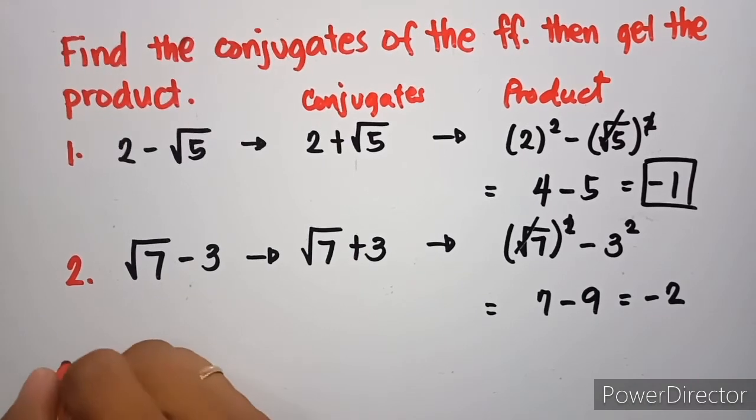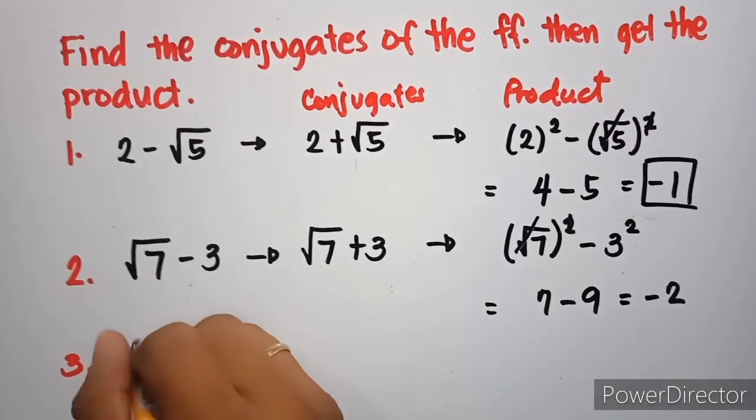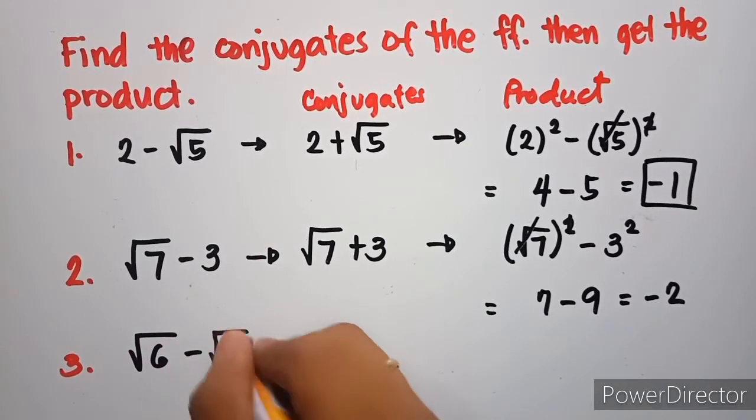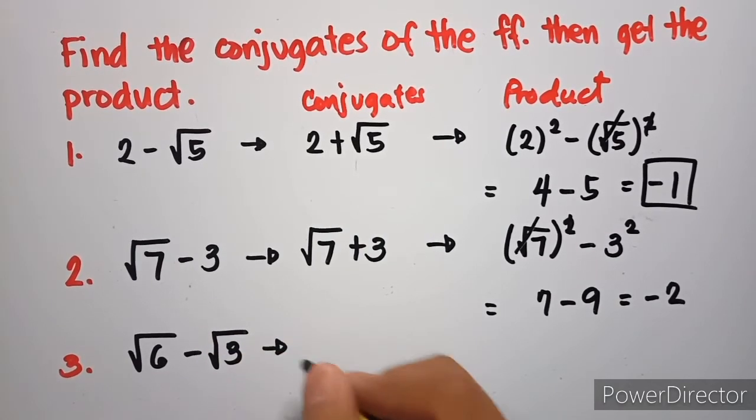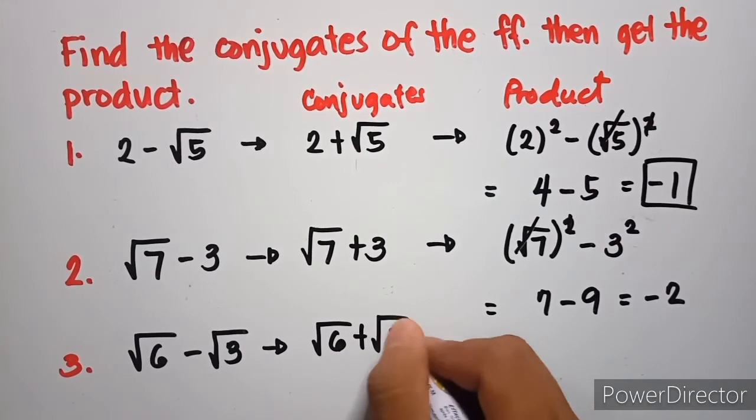And for our last example, if we will have square root of 6 minus square root of 3. So, our conjugate will be square root of 6 plus square root of 3.